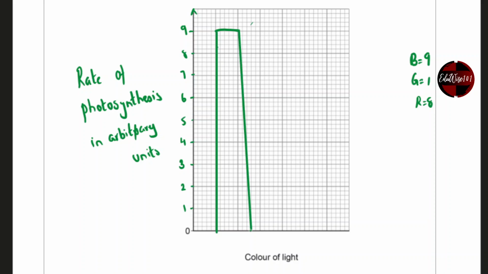There you are. So that's for the blue. Green is just 1. Let me redraw that. You might want to make sure that you're using a ruler for this in order to make sure that it's straight lines.